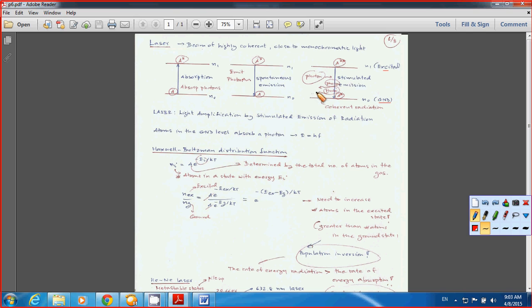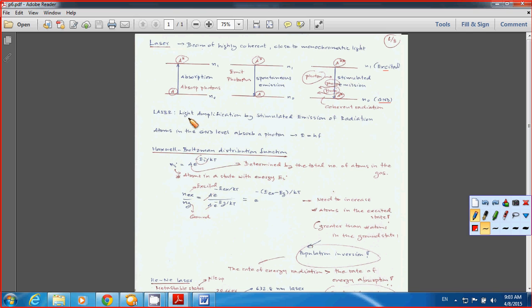That's why you increase the number of photons, and that photon is going to give energy to another particle and release more. So it seems like you have many more photons, or more condensed light.